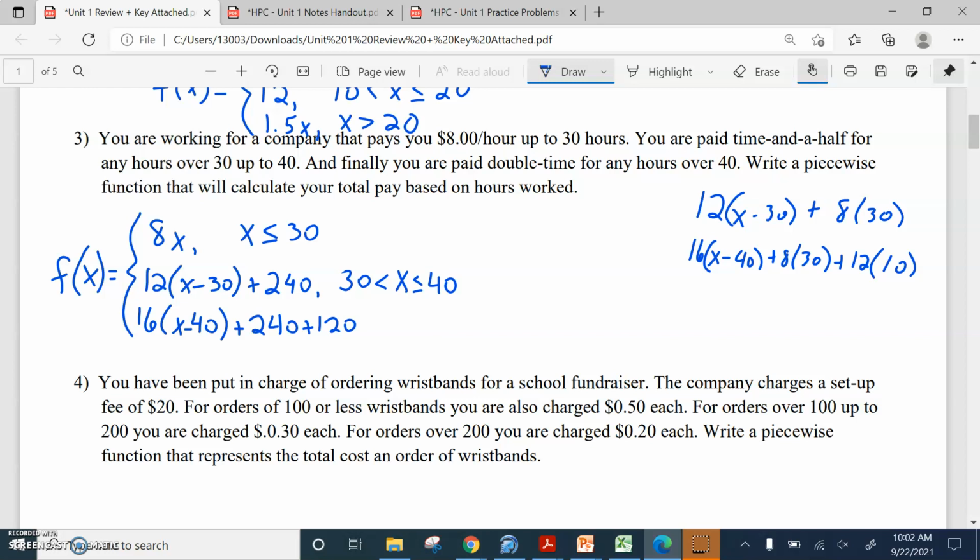So I'm going to rewrite that 16 times X minus 40 plus 240. I'm going to rewrite it over here. I'm going to erase this. I'm going to clean this side up and say that that's 360.